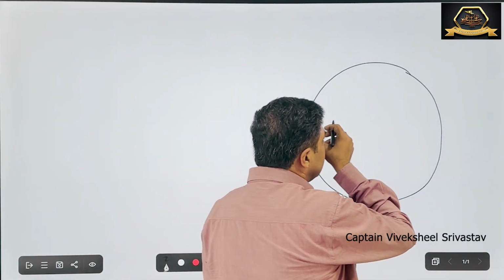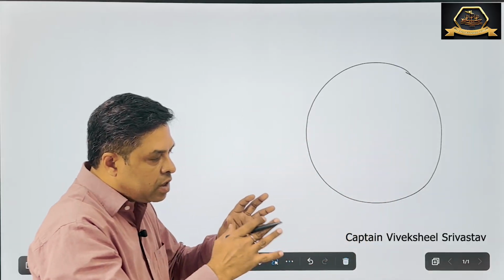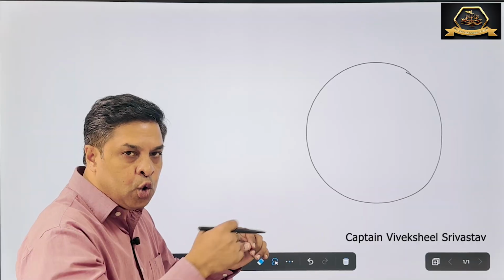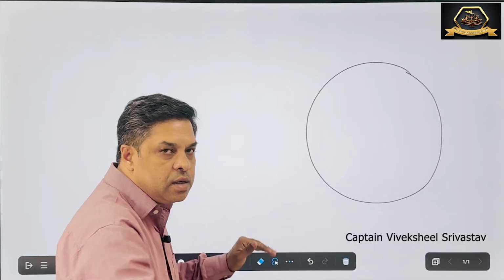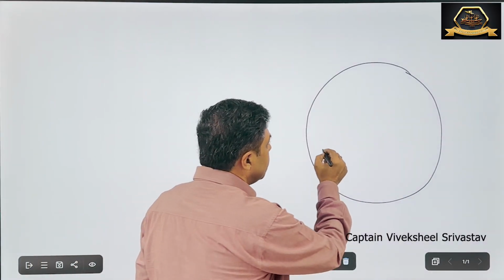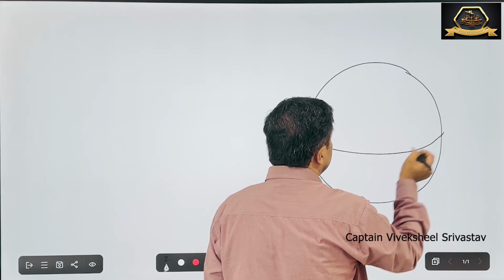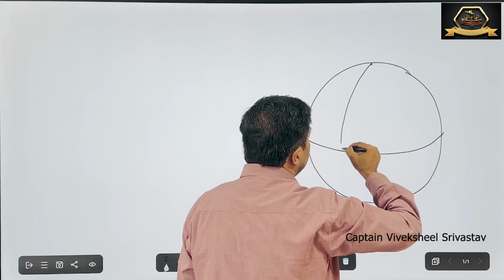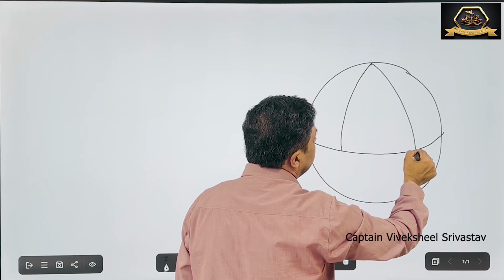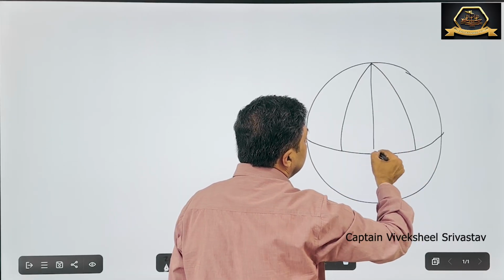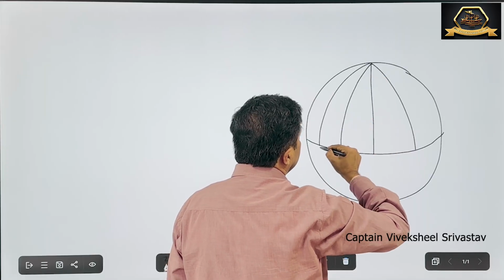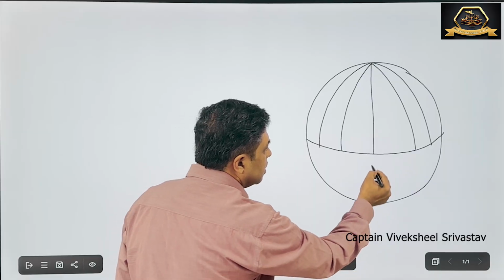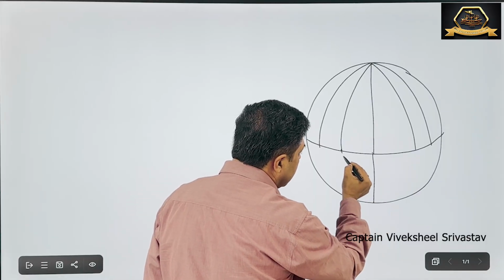You assume that you can strip off pieces of paper from the globe and put it flat on a board. How will it look? So you have the equator, you have the pole, and suppose you've got slices like this, and let's extend it.